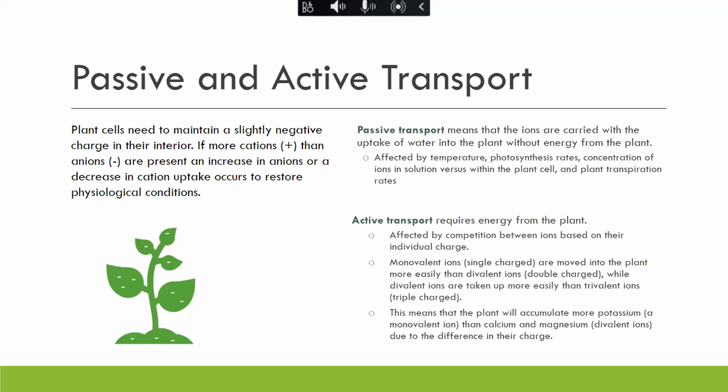So how do plants get nutrients into them? Well, there's passive transport, where the ions, with the regular uptake of water into the plant, are just absorbed into the plant by osmosis, without any energy from the plant. And that can be affected by a number of things: temperature, photosynthesis rates, all kinds of stuff.